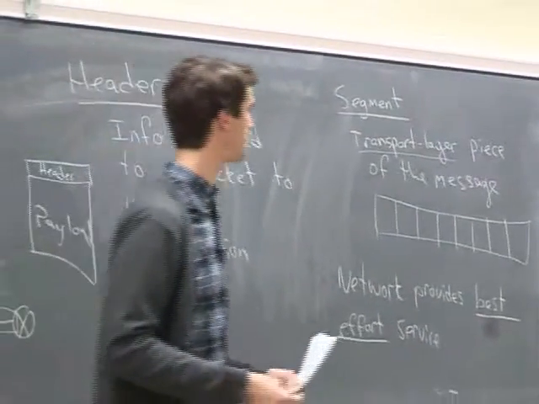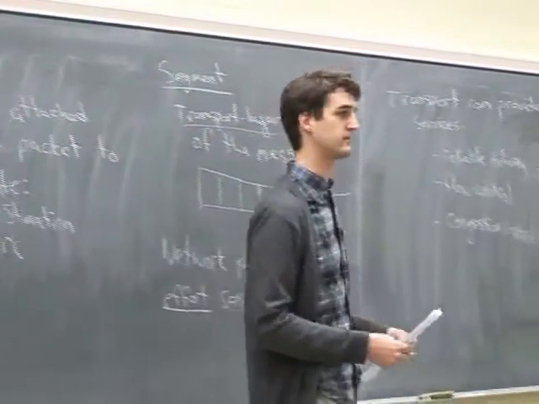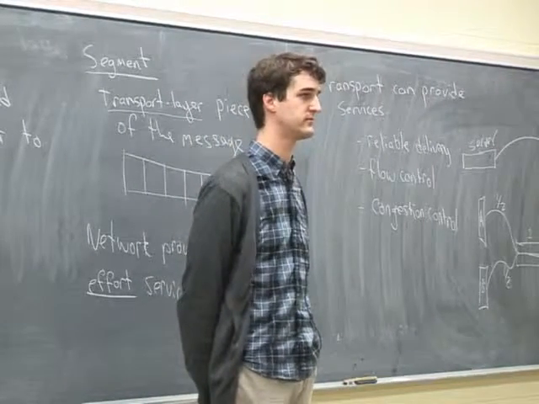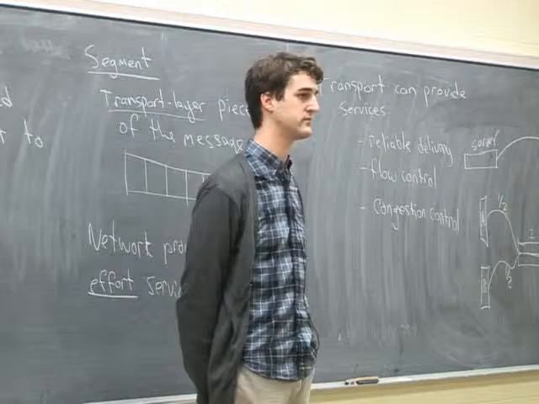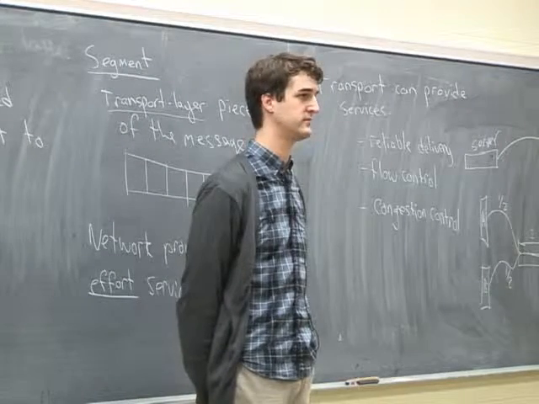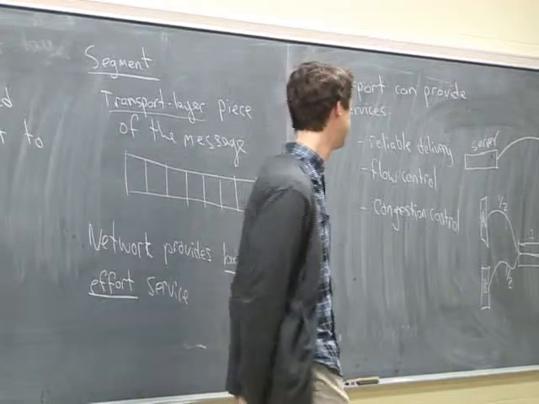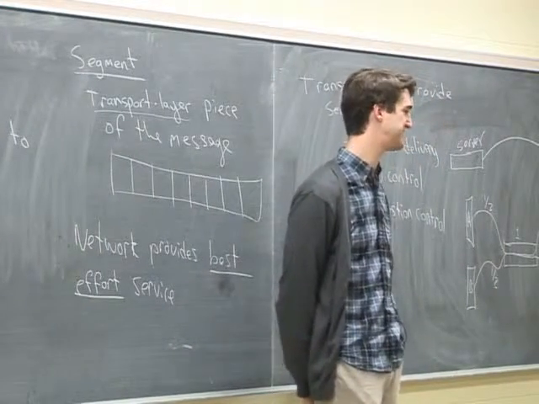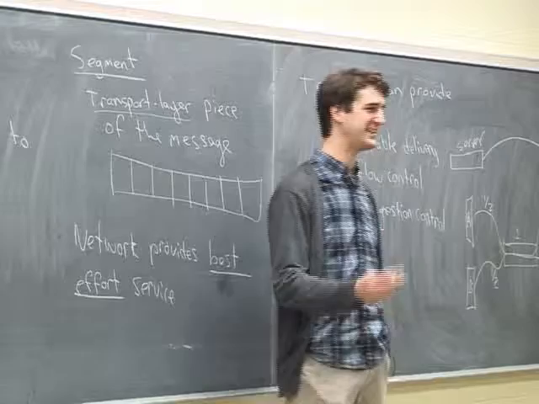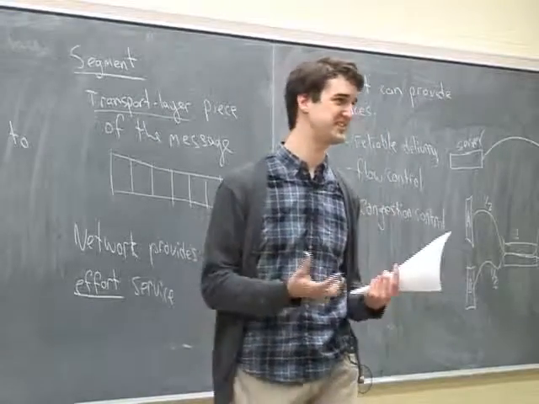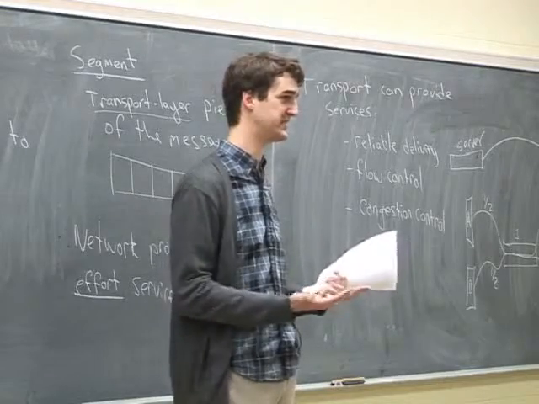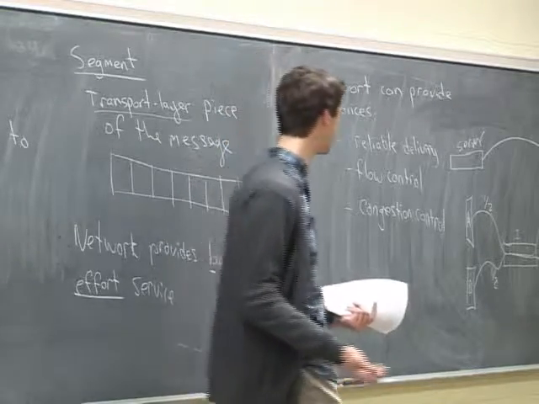Like for this situation, with congestion control, when I was using my computer to play video games, my roommate was streaming or downloading stuff with BitTorrent, and I can't play my game. The whole bandwidth was taken, so it doesn't seem like congestion control is there. Okay, so the question is that you and your roommate are sharing a network connection, and your roommate overpowers you with BitTorrent or something.